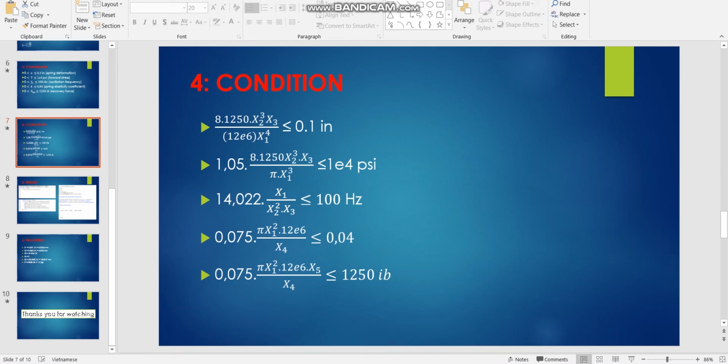From the objective and the constraints, we combine them together, and then we have these five functions about spring deformation, forward stress, oscillation frequency, spring elasticity coefficient, and recovery force.